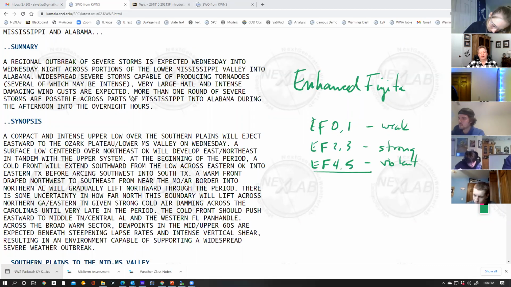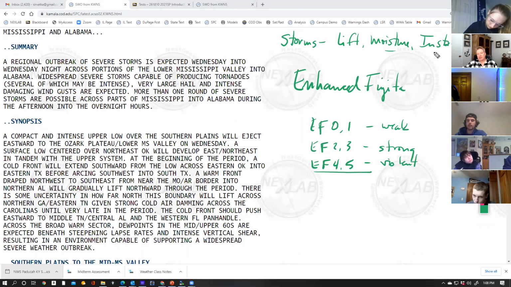If we look over here, I want to talk about a couple words we can find in here. In order to get storms, I require lift, moisture, and instability. We've already talked about this.